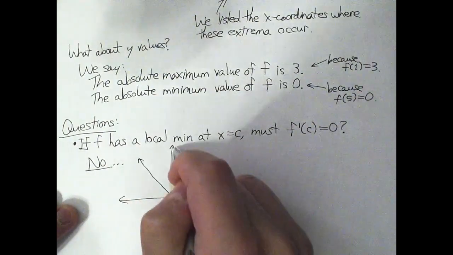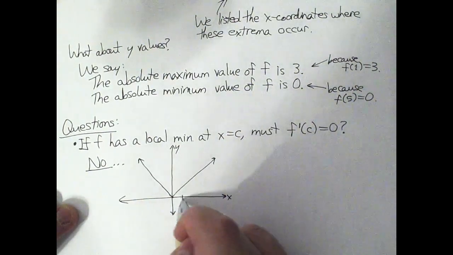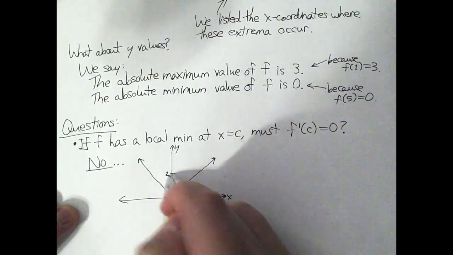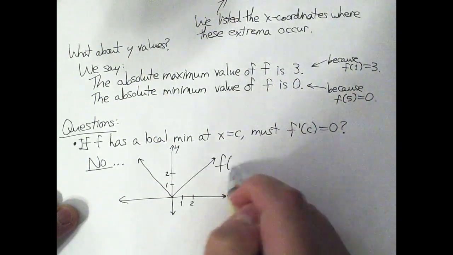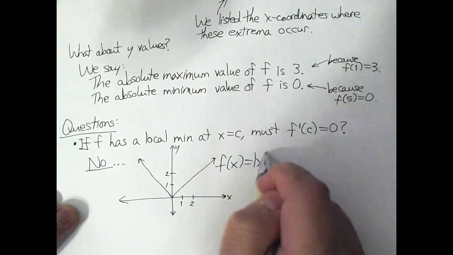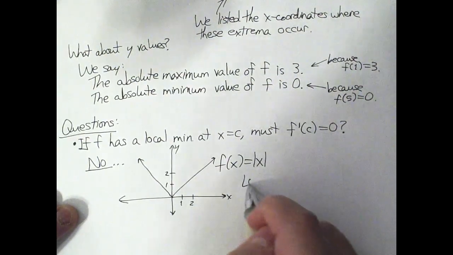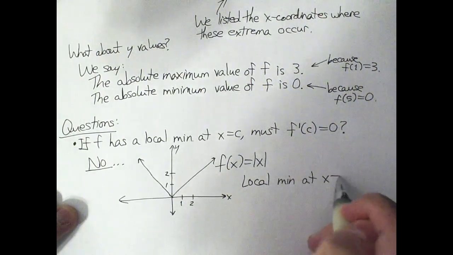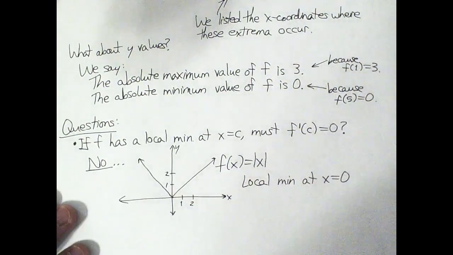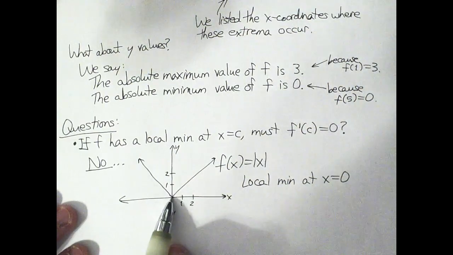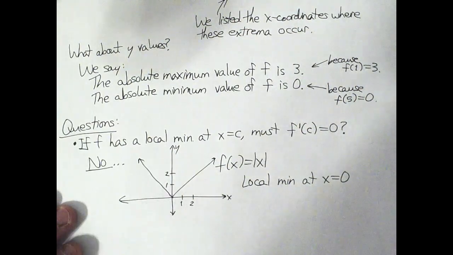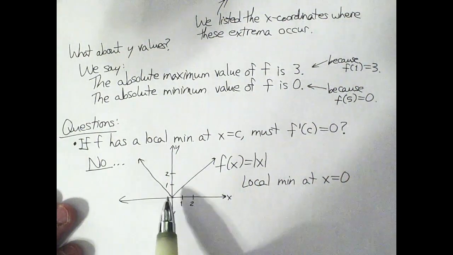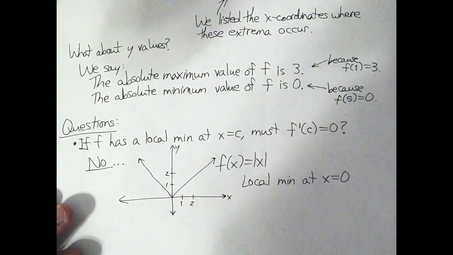Do you remember what this function is? Looks like the letter V. This is the function f of x equals absolute value of x. It has a local min at x equals 0, because at x equals 0, the function is less than or equal to its surrounding values. In fact, that local minimum is also an absolute minimum.